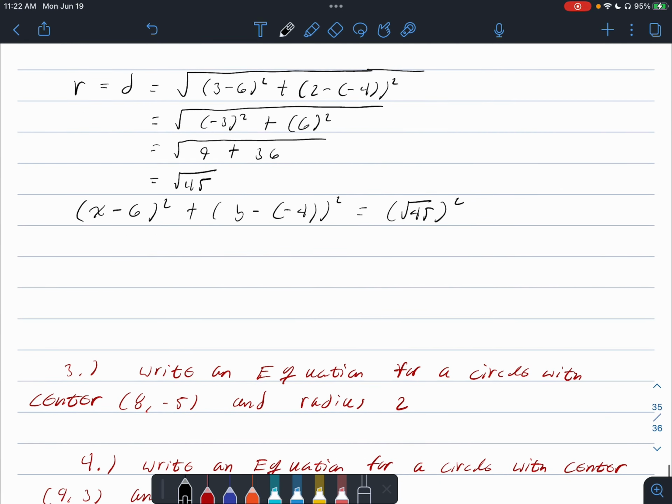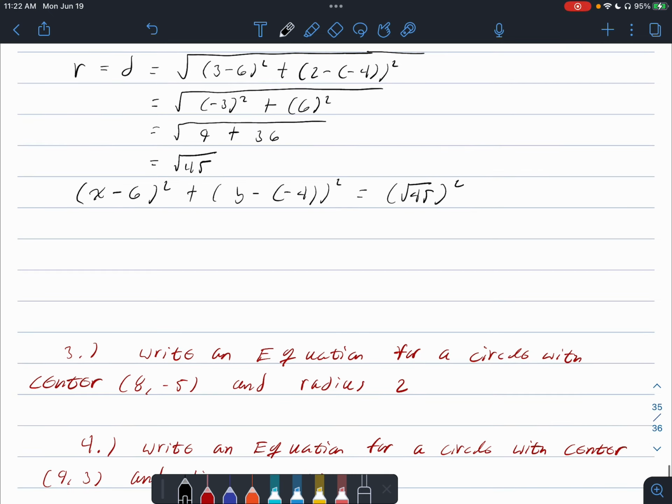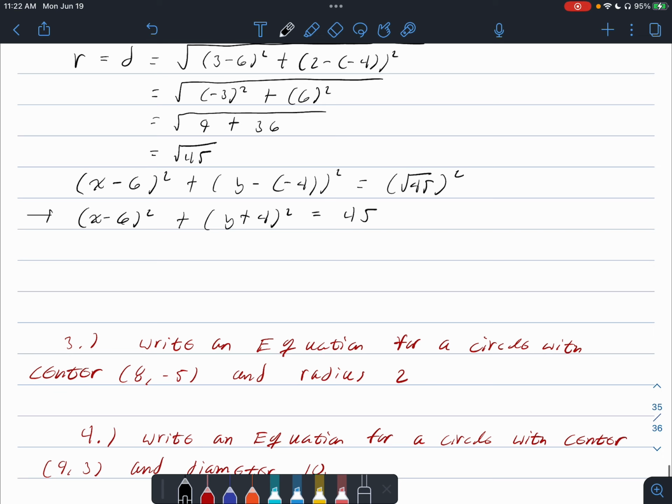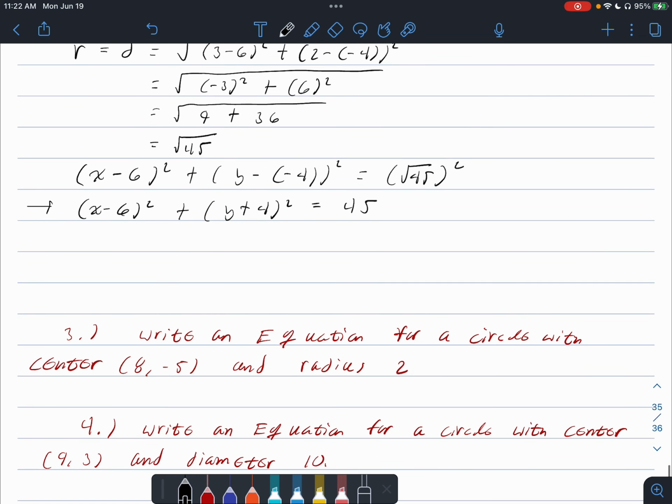So my advice is don't simplify everything until you get to the very end, unless you have good reason to do so. So this is just going to be (x minus 6) squared, and y minus a negative 4 will be (y plus 4) squared, is equal to the square root of 45 squared, or just 45. So there we go. This is the equation for our circle.